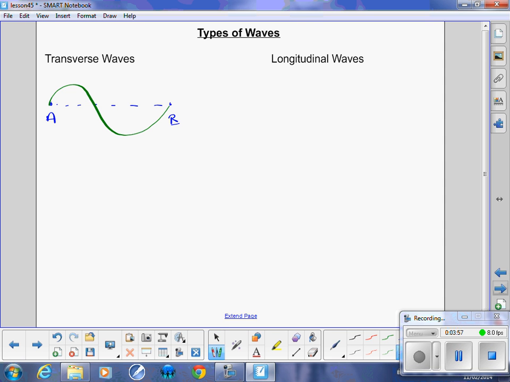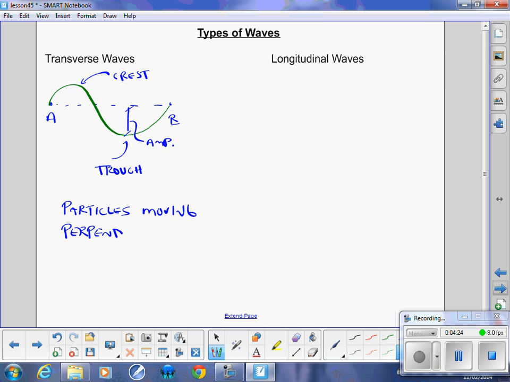Key features again, we have our amplitude, and we have our crest and trough. And this again is particles moving perpendicular to the center line.